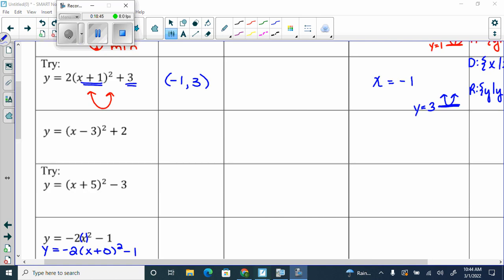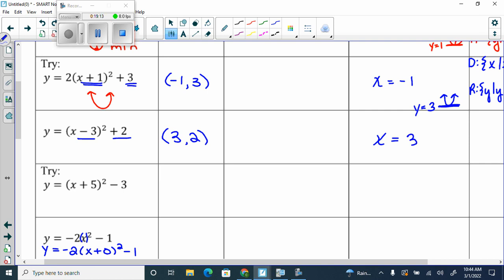So we have x minus 3 squared plus 2. What's my vertex at? You can just say it out loud. 3 and 2. Okay. Xander, what's my axis of symmetry going to be? X equals 3.